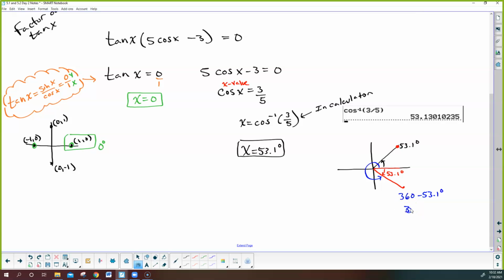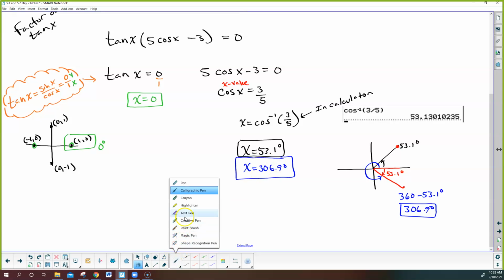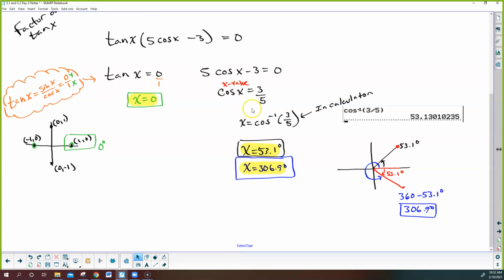And the answer here is 306.9 degrees. So I've got one answer from the first factor. I've got two answers from the second factor.